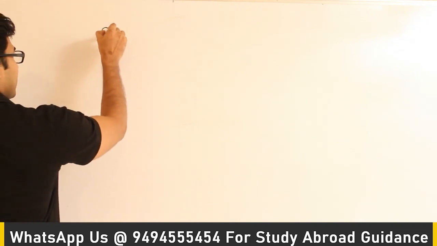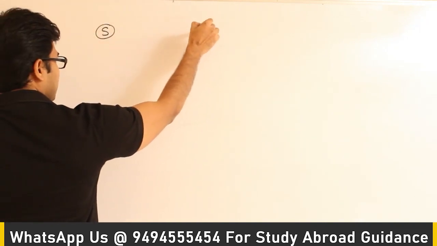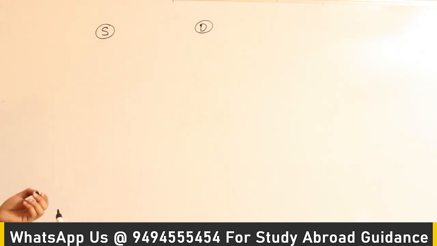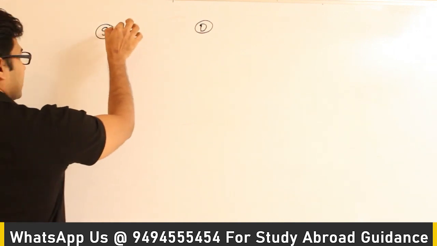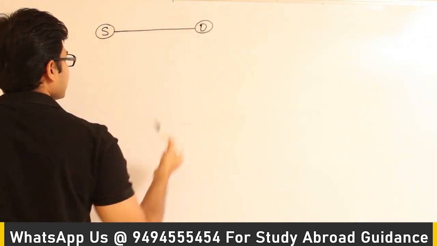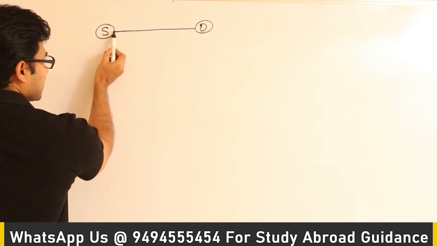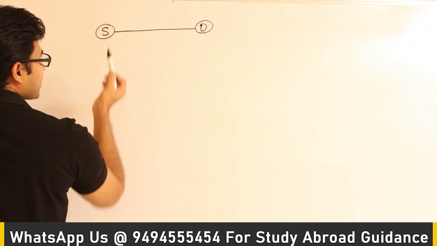So we have source and we have destination. I am giving you the basic classification. You can transmit the data one bit after the next over a single channel or a single conductor. If you have a single conductor, then we transmit the data bit after bit.